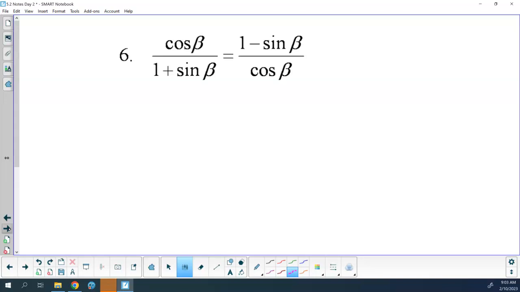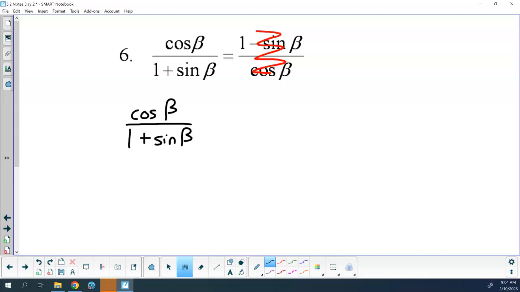A binomial instead of a monomial? Yeah, that's exactly what I would have said. The left side, I think, is more complicated because you're dividing by a not one term. Okay, all right. So let's work left side. We're only going to look left side now. Okay. So if I'm sitting here at cosine of beta, or in your case it was cosine of x, over 1 plus sine of beta.